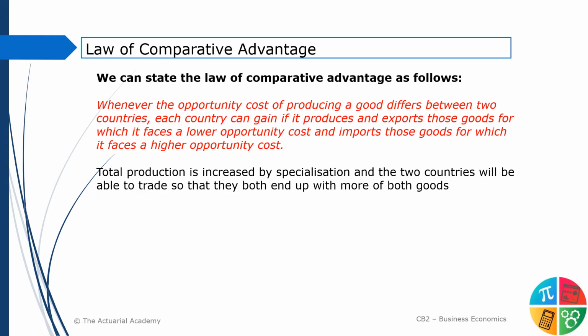As simple as that. जिसका opportunity cost lower है, जो product का वो export, जो product का opportunity cost higher है, वो import. So you can mark this out, or probably I can just write this out.